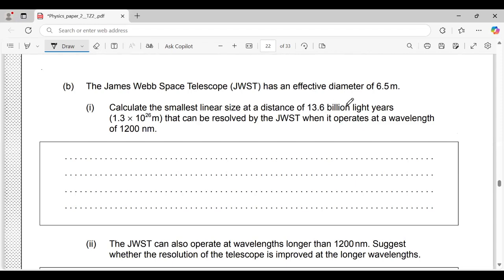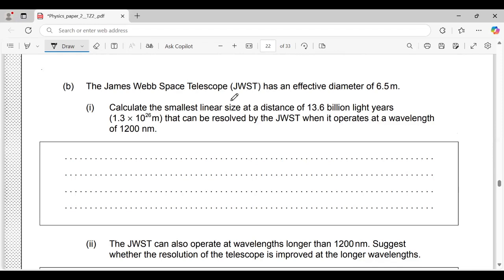This is in significant figures, that can be resolved by the JWST when it operates at a wavelength of 1200 nanometers.